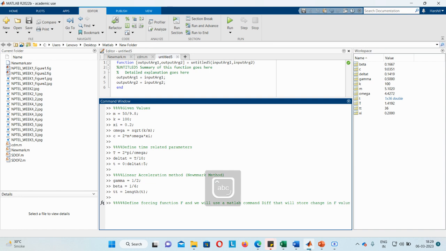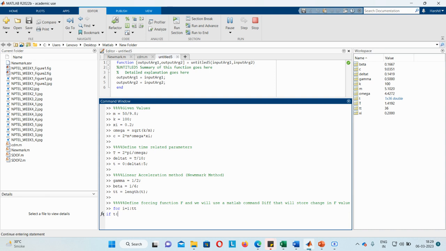So we'll see how this diff command works. Okay, so how to define the forcing function? Let's create a loop. So for i, any arbitrary variable i from 1 to tt, that's why we defined the tt parameter just above.